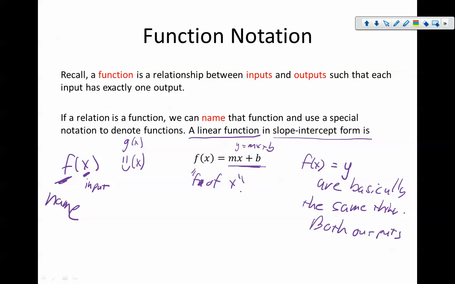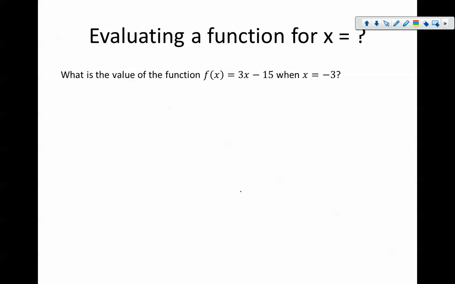All right? So let's do an example. What is the value of the function f of x equals 3x minus 15 when x equals negative 3? Notice that we're giving a value for x, which means this is my input. So I'm going to rewrite this so it says f of negative 3, because I'm taking my function named f and I'm inputting negative 3.